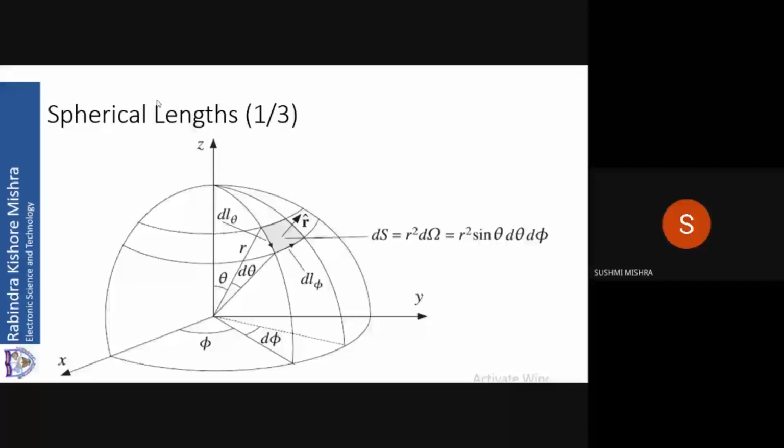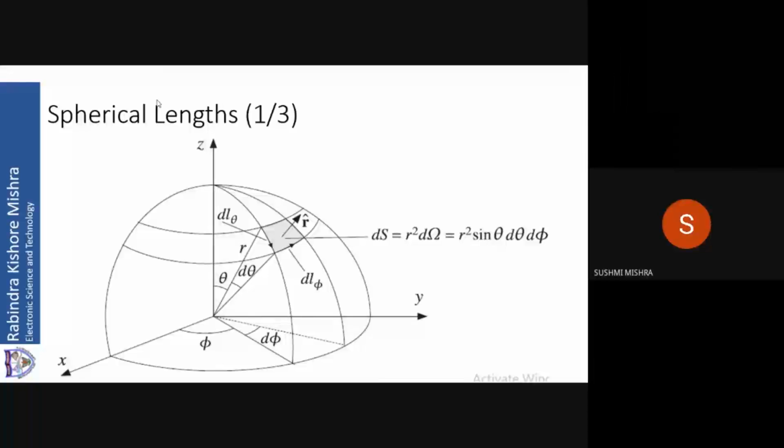Now in this case, the sides will be d theta, d phi. Similarly, if I find out the volume for that, then again there will be dr. So elementary volume will be dr. We'll see ds is equal to r square d omega, which is equal to r square sin theta d theta d phi. This we will prove in the coming slides.